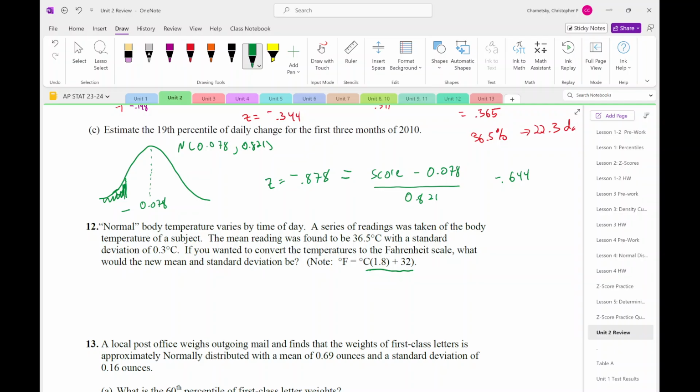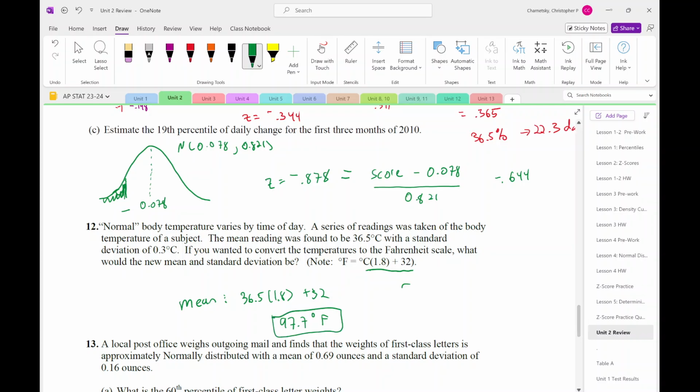So what happens to our mean? Our mean is going to be multiplied by 1.8 and added 32. So the mean is just going to be converted. So 36.5 times 1.8 plus 32, which gives us 97.7 degrees Fahrenheit for the new mean.